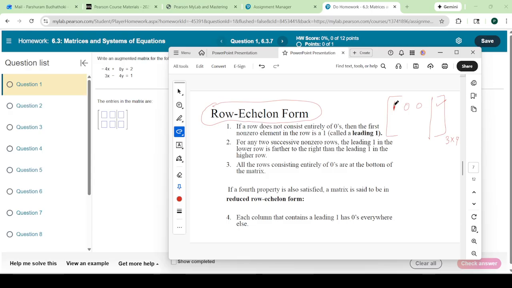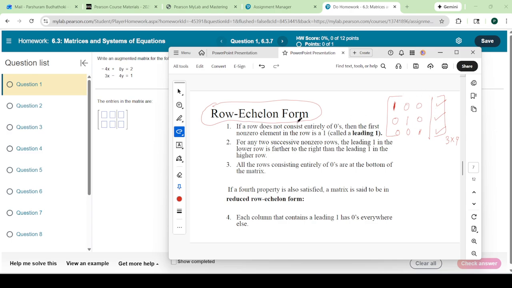Right after that, the second row has 0 and then 1, and everything after the 1 is 0. We don't care about the right side. The third row is 0, 0, and then 1, and on the other side we don't care.